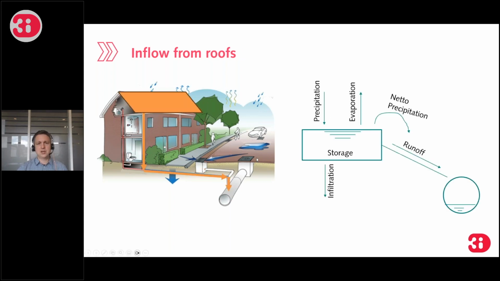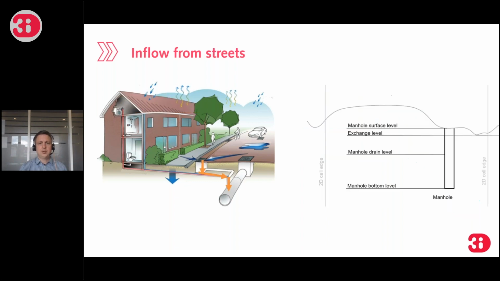They can use the same approach as they do for the inflow from the roofs and say, okay, you have the streets, there's a certain area, and the water flows on it, and the water comes in, etc. But what will happen in reality is that the water might be flowing on the streets, might not even go into the sewer system, and only when it connects to the gutters, to this drain level, the exchange level that you have, does it go into the sewer system, if there is space available in that sewer system. Or the water can go up from the sewer system and start flowing on the streets. And this is a complex behavior that you cannot really predict beforehand.